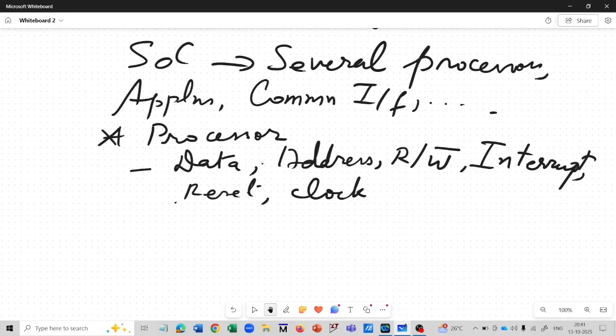But on the other hand, in an SoC or even in a traditional processor-based system, the processor is expected to communicate and control heterogeneous devices.